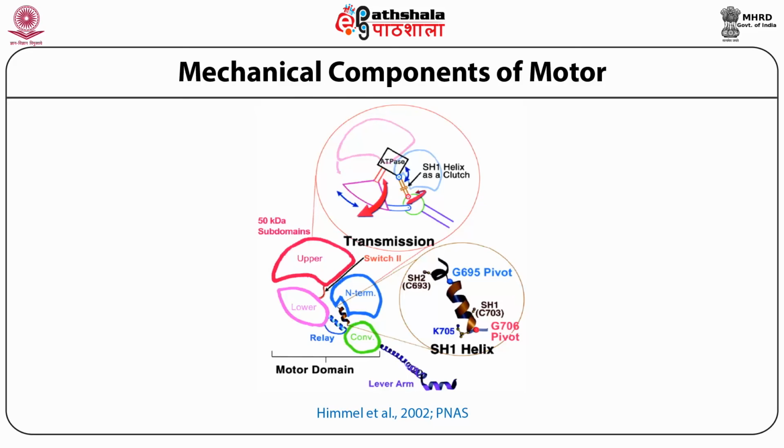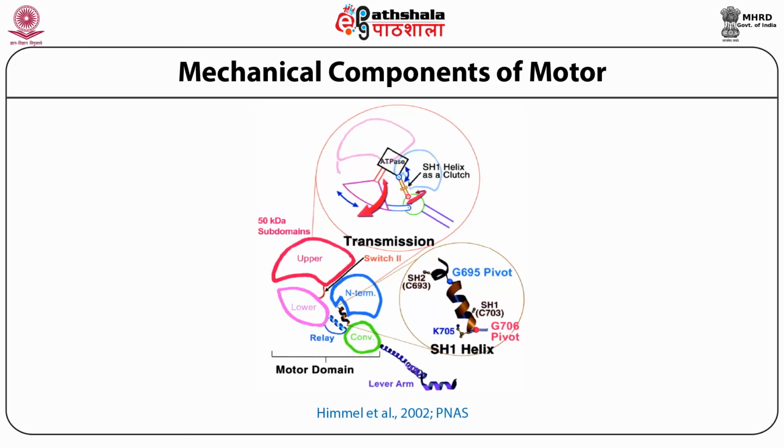You can see the SH1 helix, which has two glycines and which is termed a clutch here. So once you press the clutch, you don't change the structure, the gear movement into the productive movement. So when you have ATP bound, the SH1 helix melts, and the ATPase, the nucleotide binds and releases, you can see at the center.